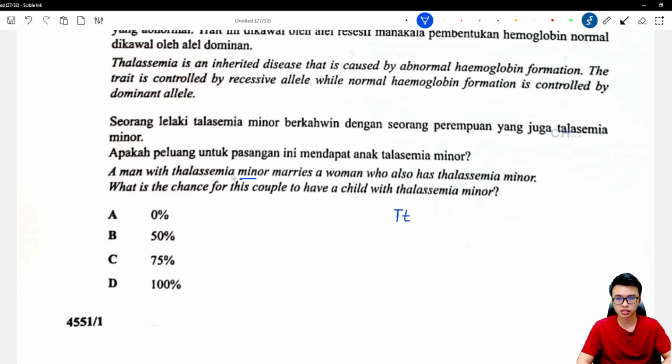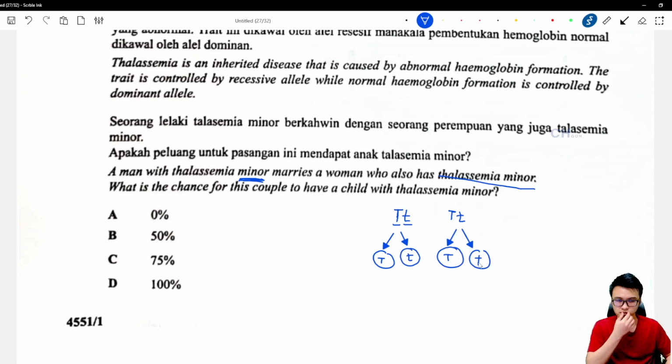So minor means it is normal, but carrying one thalassemia allele, which is big T and small t. The woman is also a minor, so we have big T and small t. So we cross. We see what kind of gametes they will produce: big T, small t, big T, small t.